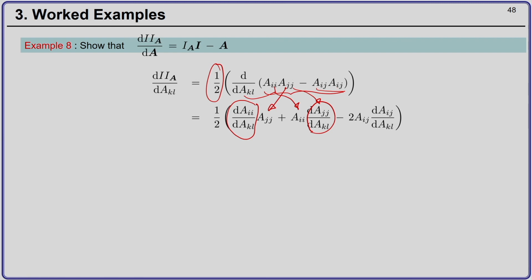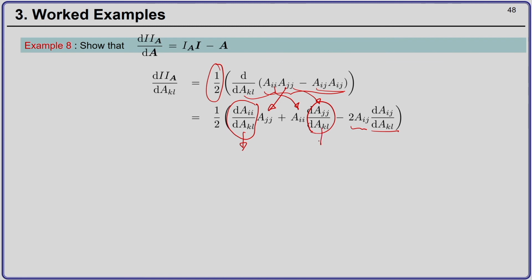There are two Aij, so it will be twice Aij dAij by dAKL. Okay. Now, from our previous example, you can substitute the derivative of the terms in terms of Kronecker delta.